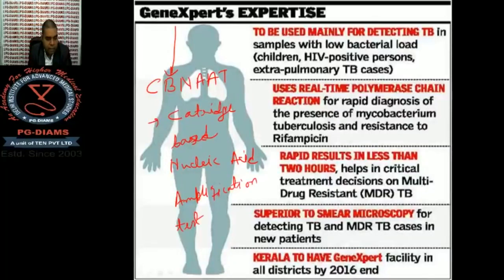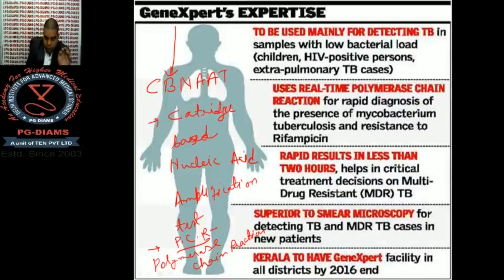In Gene Expert or CBNAT, we use the technique of PCR. What is PCR? PCR is polymerase chain reaction. By using this technique, we detect the specific sequence on which tuberculin antibodies are formed, and whether drug resistance is present or not.